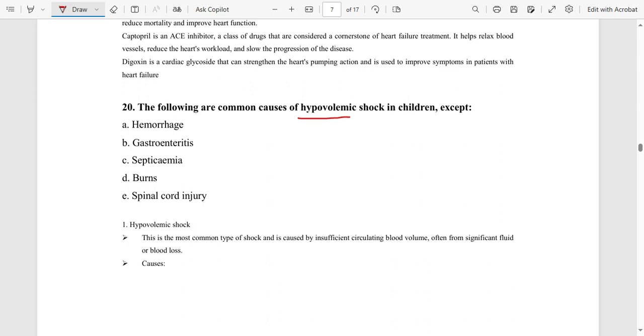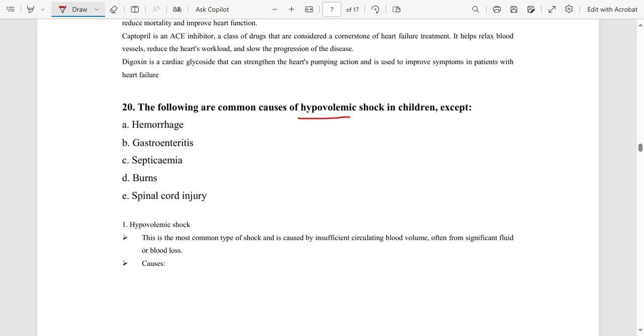Spinal cord injury is also a cause of distributive shock, which is a neurologic shock. It's not a common cause of hypovolemia itself. But if we think of what is going to cause the injury to the spinal cord in children, maybe it can be trauma, and that trauma is what is leading to the loss of blood or fluid.